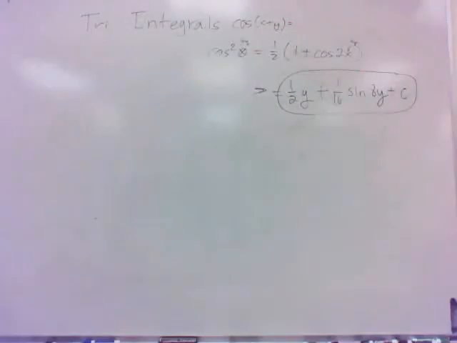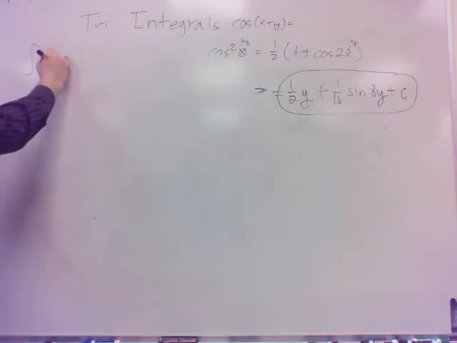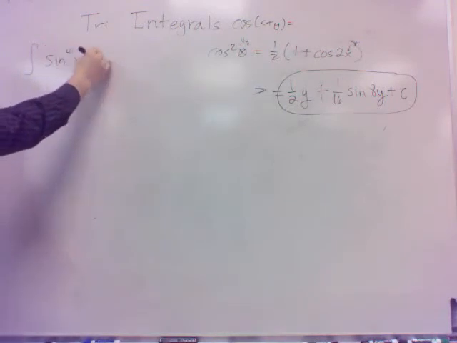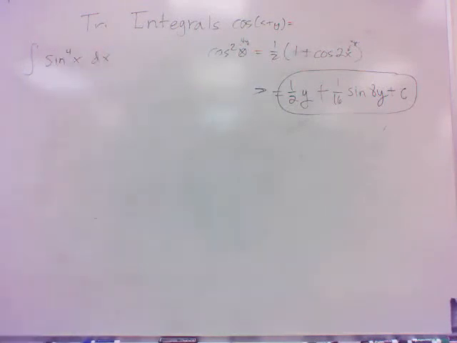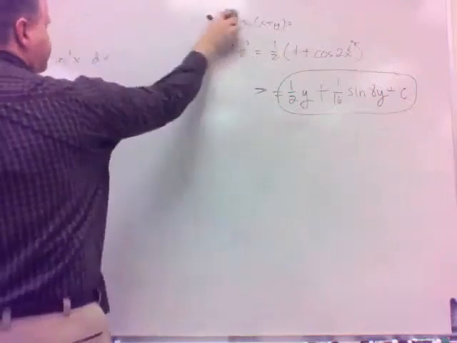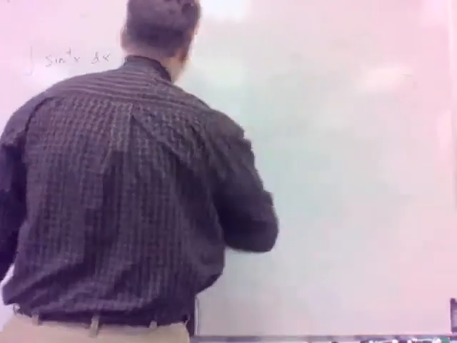Okay, this one's going to have an even power, but it's a higher one. And no odd powers to save us either. Okay. Sine to the fourth x dx. All right.